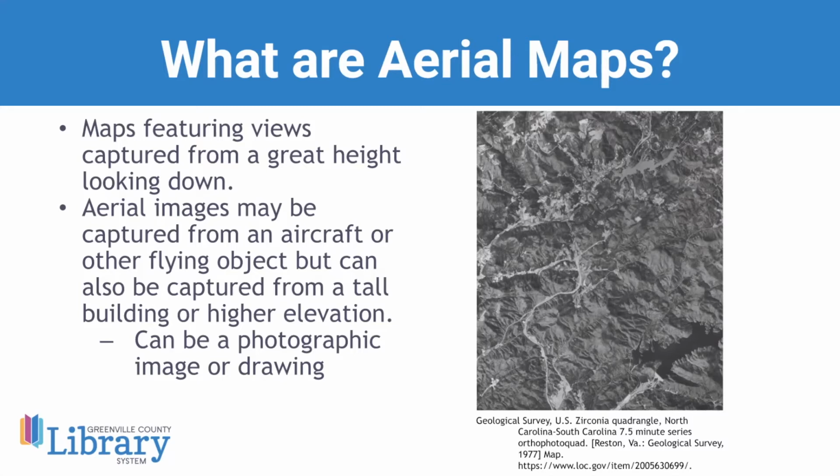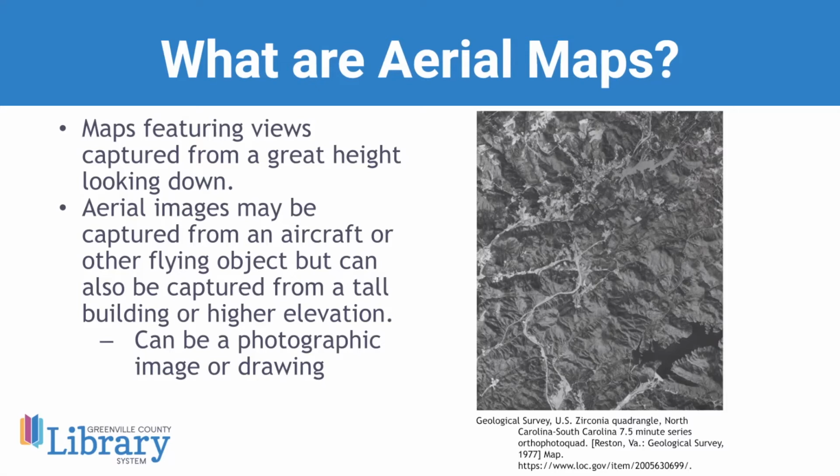So it's not just limited to photographs, but aerial maps are featuring views that are captured from a really great height or elevation, and they're looking down. They can be captured by airplanes, but nowadays drones can also be ways to capture these aerial images. Satellites, even hot air balloons have been used in the past, and I'm sure still today as well.